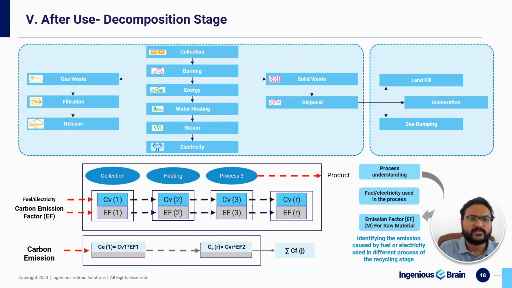Similarly, in the decomposition stage, we have to consider processes like collection and burning afterwards. If it is gas waste, then there has to be a separate process for it, and if it is solid waste, there has to be a separate process for it.